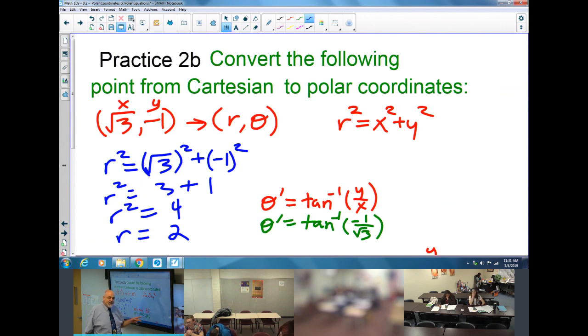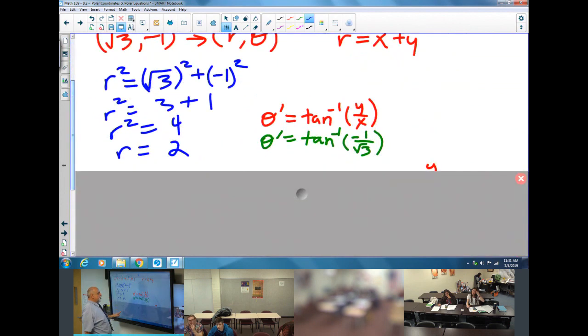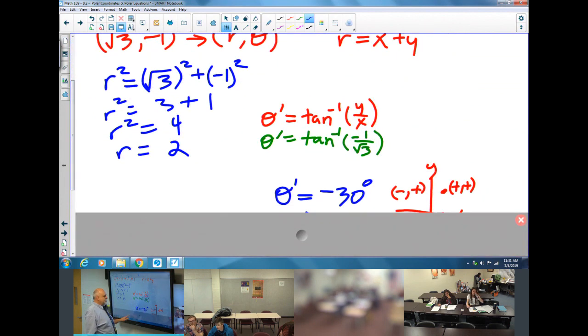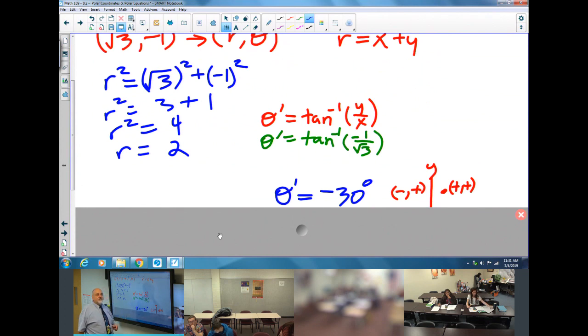And then the 2's would cancel. So do you see that on the unit circle? 4 pi thirds. Okay, it's actually would be 5 pi 6, or negative 30.